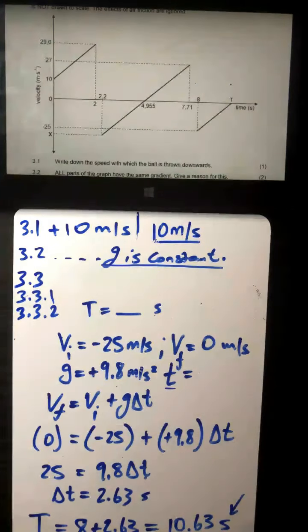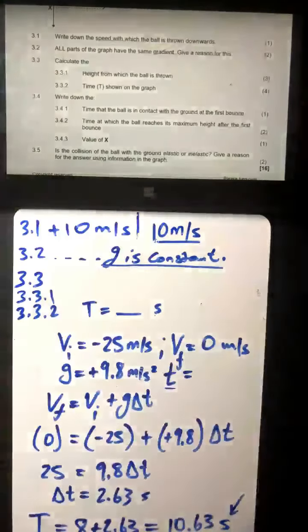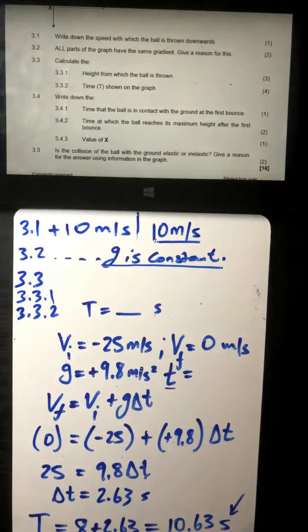So, ladies and gentlemen, are you all satisfied with question 3.3.2? And remember, guys, that question is allocated 4 marks. So it's actually a lot of marks, but the calculation is simple. It's a matter of you understanding the given diagram together with the given statement.